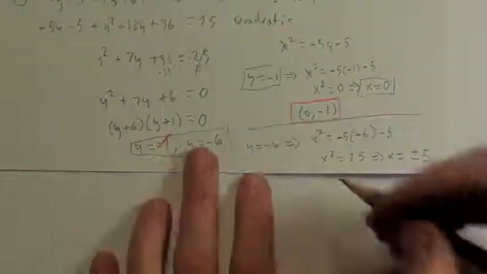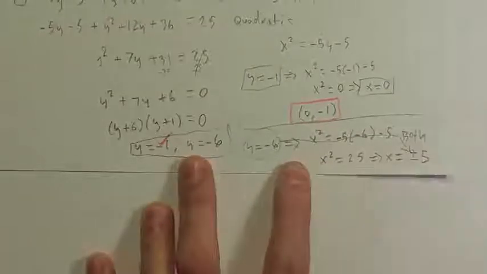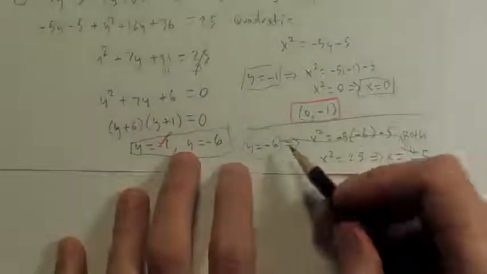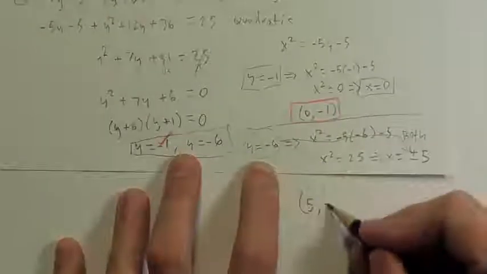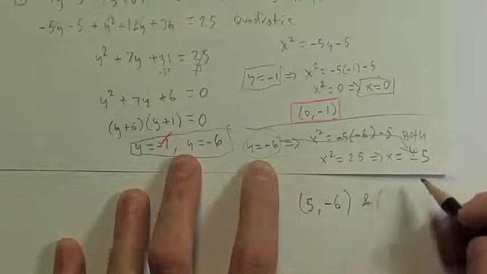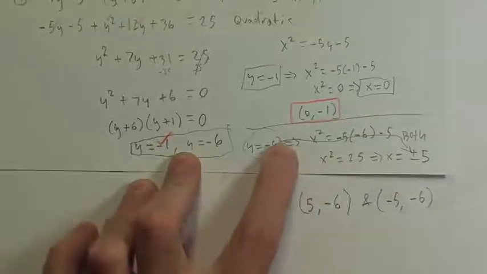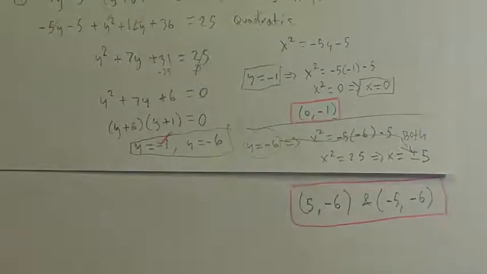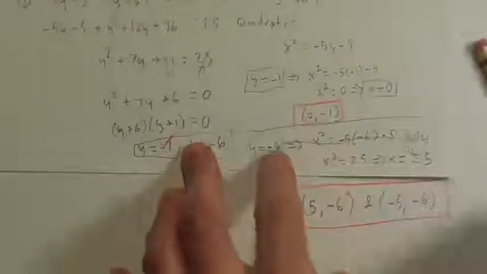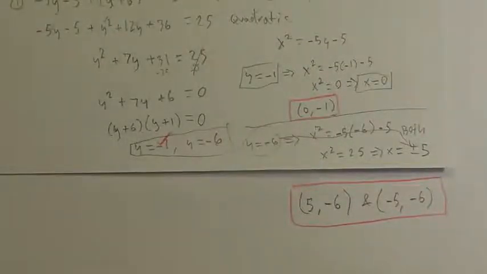Okay, so I have x equals positive 5 and y equals -6. And I have, when x is equal to -5, y is -6. We get both here. Okay, so I think the toughest part about some of these is making sure you get the right points and you get everything exactly the way you need, and you get every possibility.